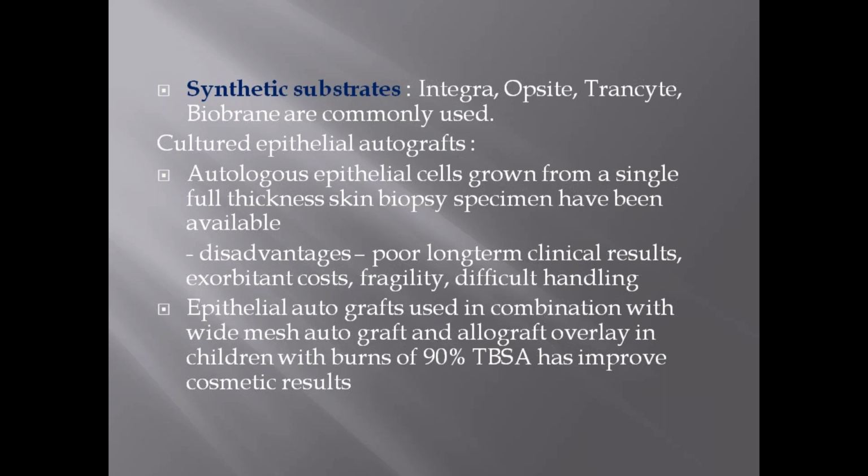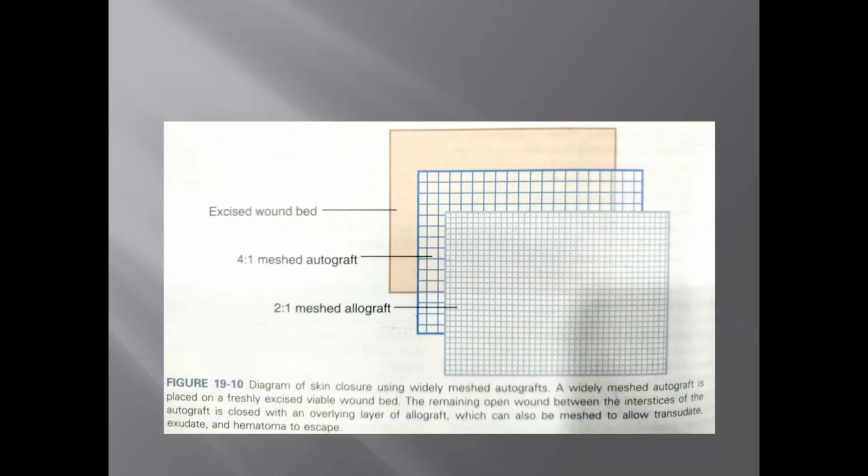Disadvantages are poor long-term clinical results, exorbitant cost, fragility, and difficult handling. Epithelial autografts used in combination with widely meshed autograft and allograft overlay in children with burns of 90% total body surface area have improved cosmetic results.